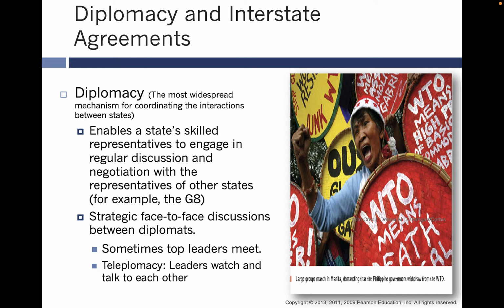Now we also have the ability to Zoom or teleconference leaders, and you don't necessarily have to travel anymore. You can meet face-to-face on Zoom, which I think is pretty helpful. And then we have bilateral and multilateral agreements, which set up agreements between multiple countries in order for them to prosper.